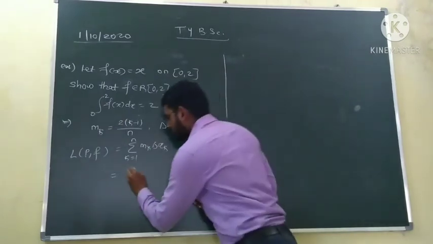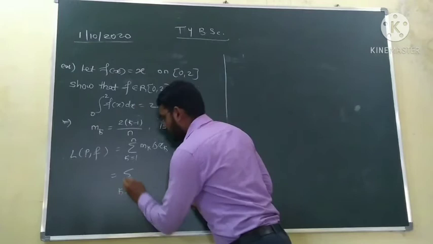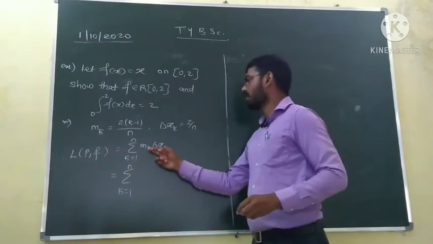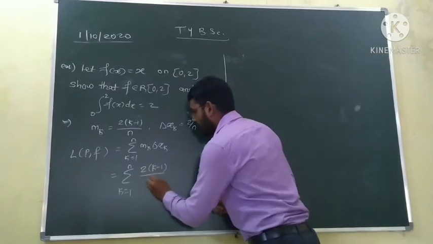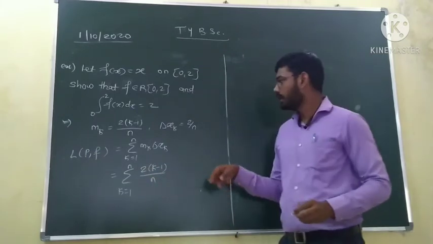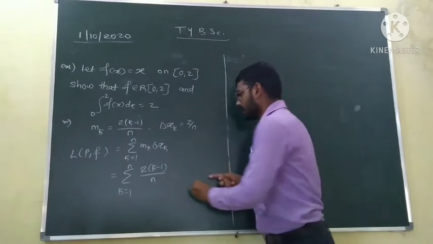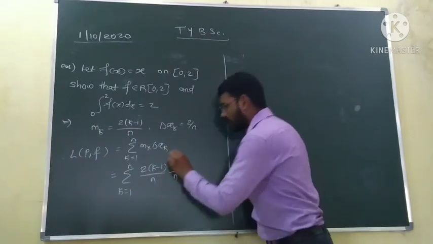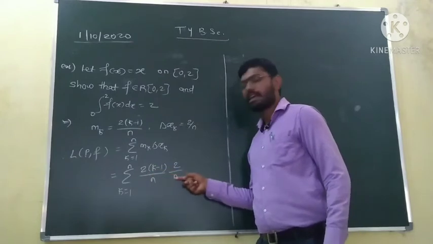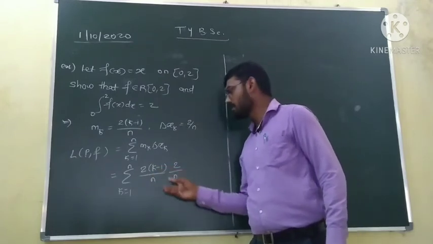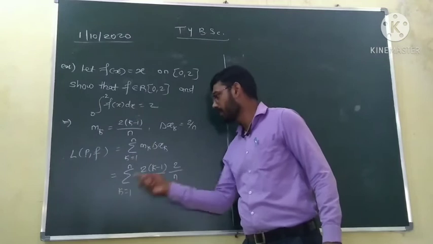Put the value of small m_k, that is 2(k minus 1) upon n, into delta x_k, that is 2 by n. So 2 into 2 is 4, and n into n is n square. We can take 4 by n square outside because the summation is over k.